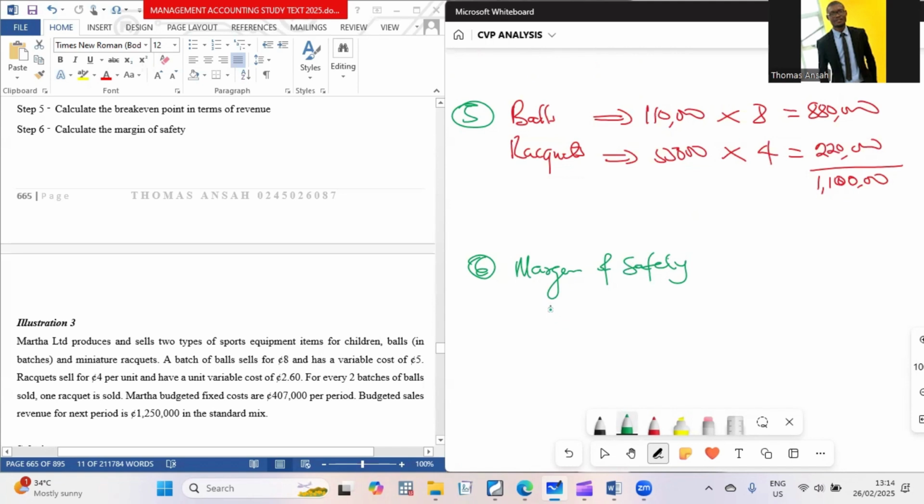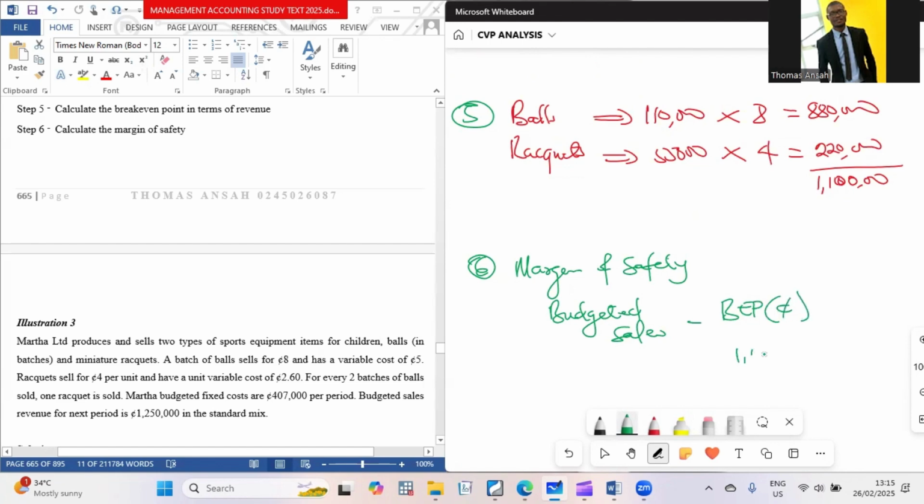So the budgeted sales, that's your total sales or revenue, minus the break-even in value for the mix.